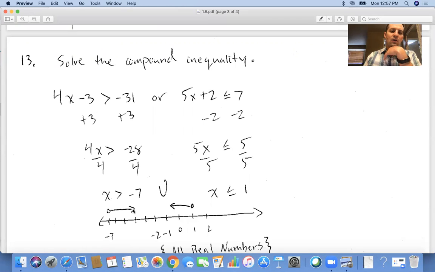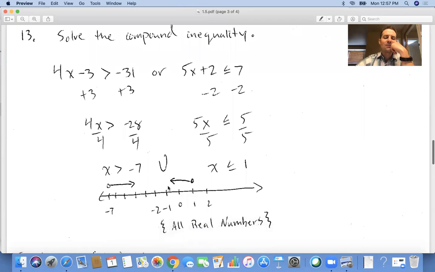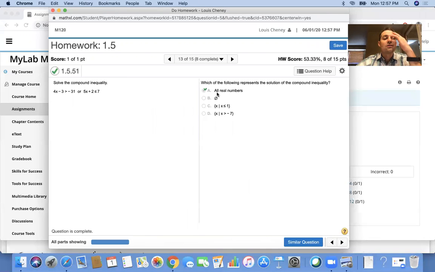So the answer is actually going to be all real numbers because of that. Because any number will work in one of these inequalities, that's the solution. Let's go back and show you. The answer is all real numbers.